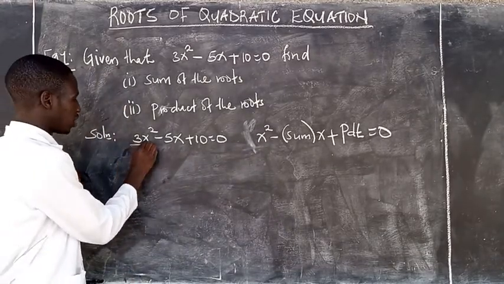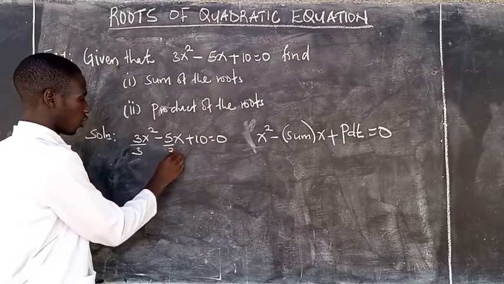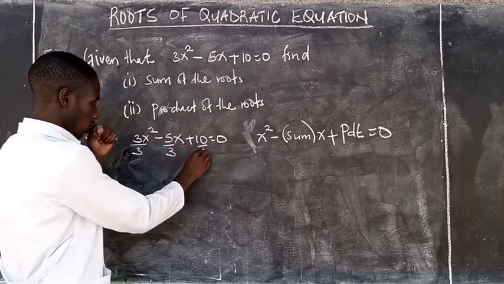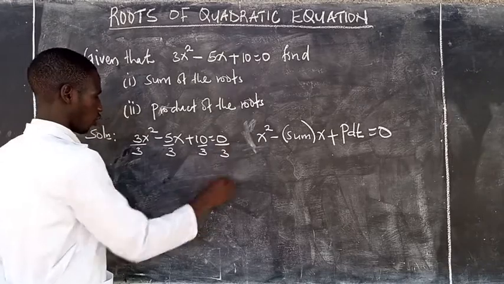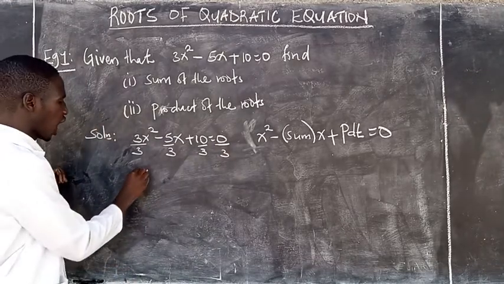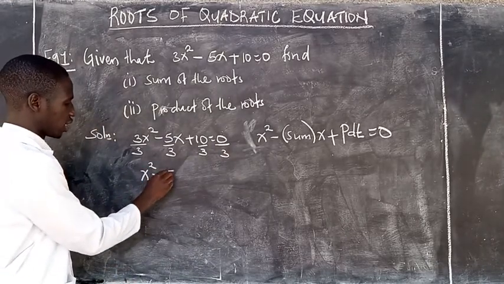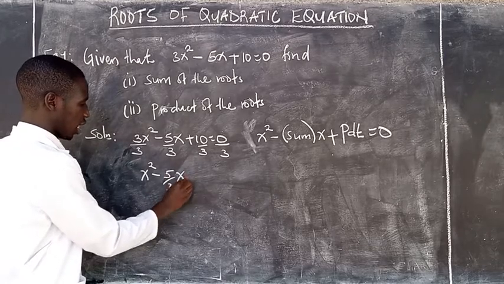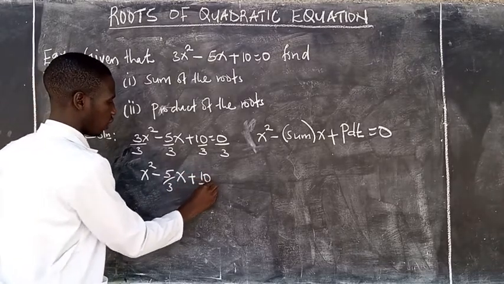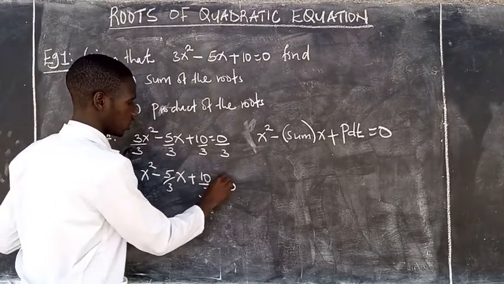So doing that, we shall divide all through by 3. So we shall have x squared minus 5 over 3 x plus 10 over 3 is equal to 0.